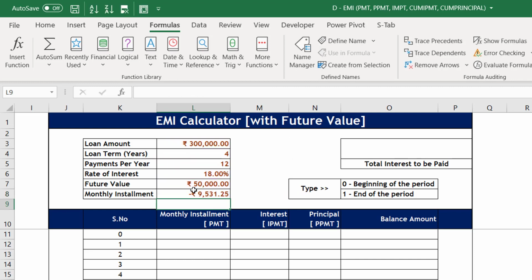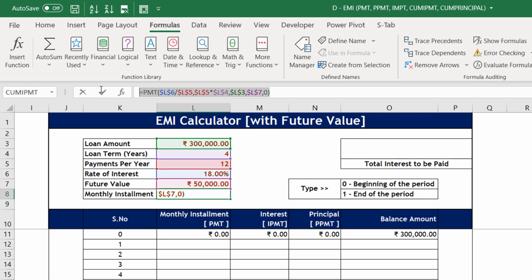Enter. Now this means I have to pay 9,531 rupees per month as installment. So I'm quickly going to fill this table, and since the PMT formula is also already mentioned here, I'm going to copy this formula and paste it.